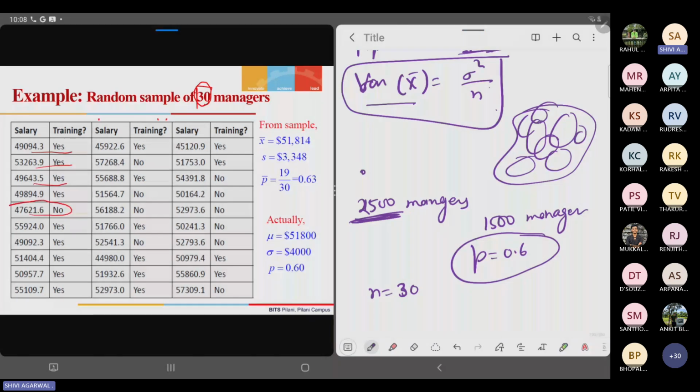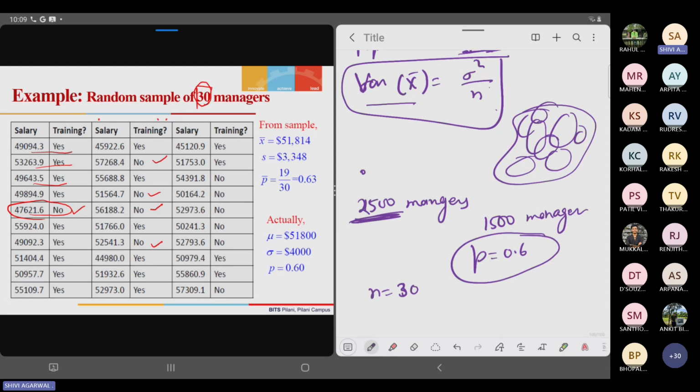You can see here the fifth one has not done their training. Similarly this one, this one, and so on. So we selected 30 managers randomly, and then we calculate their values.